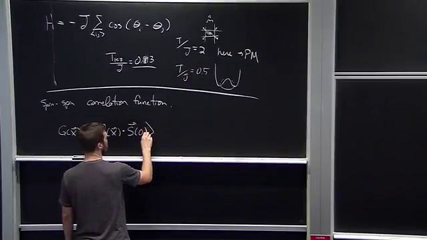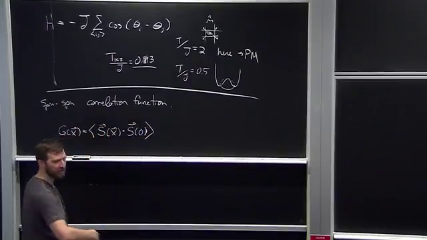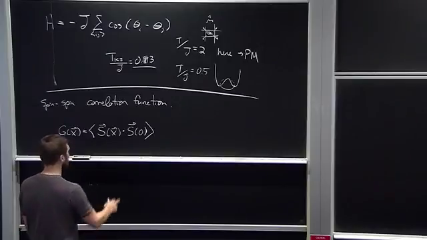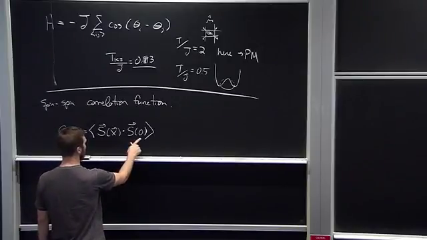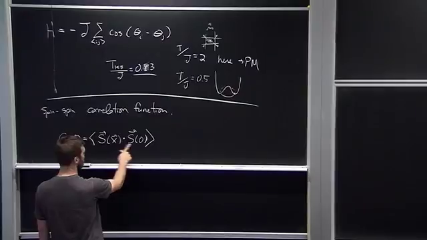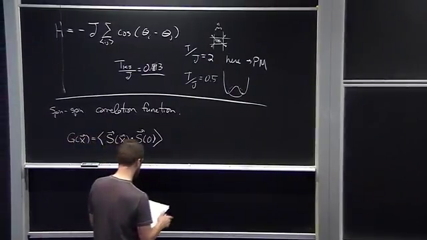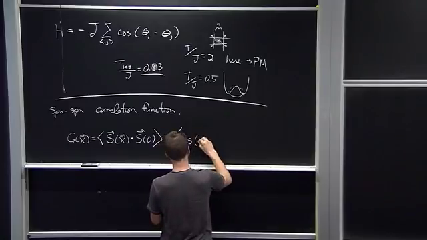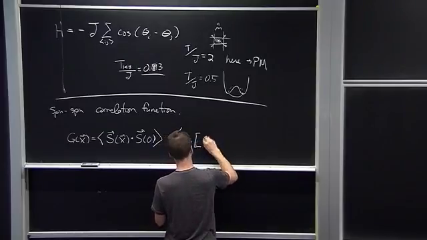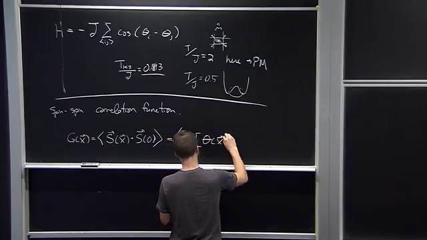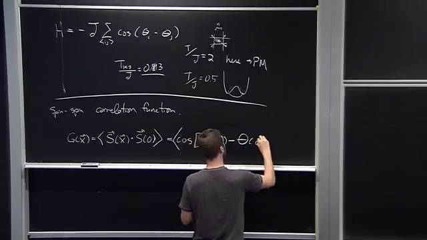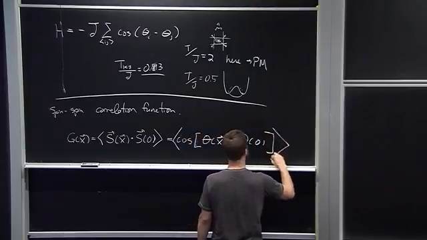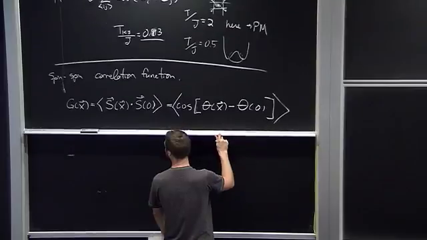Okay, so especially if you have periodic boundary conditions, you're translationally invariant, you just pick it's like ij. You pick i to be distance x, and j you can pick as the origin. So this will be the expectation value of these theta variables. That's what we want to calculate.